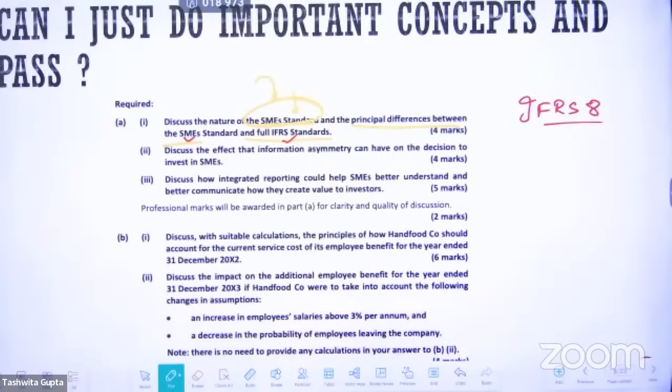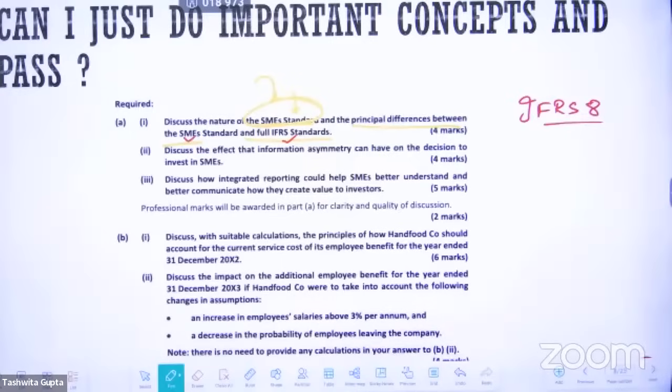Right. So they're calculating only partial goodwill. What else? What are other exemptions? NCI not there. Very good.